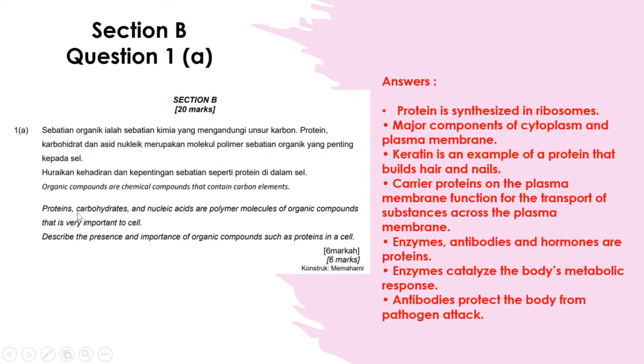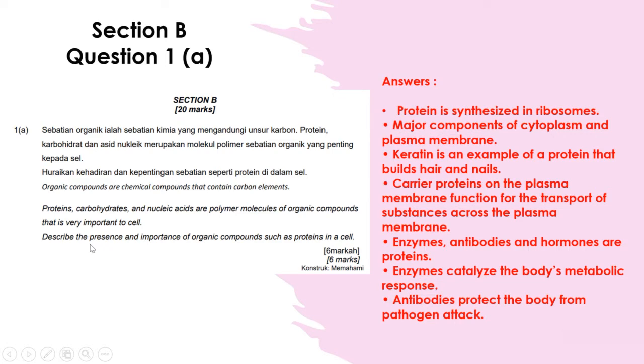The proteins, carbohydrates, and nucleic acids are polymer molecules of organic compounds that are very important to the cell. So describe the presence and importance of organic compounds such as protein in a cell.